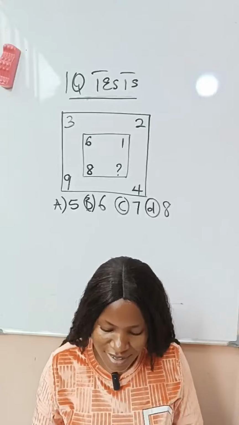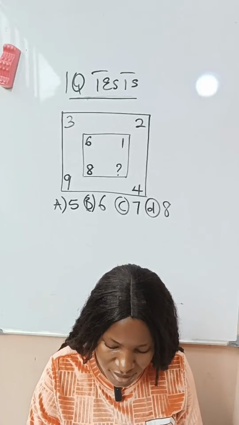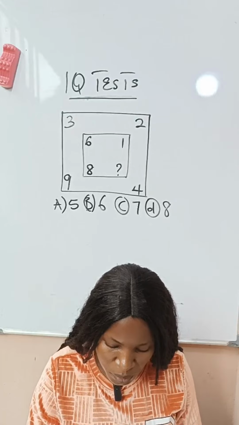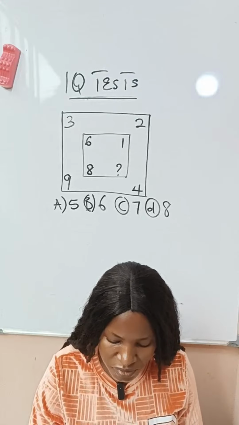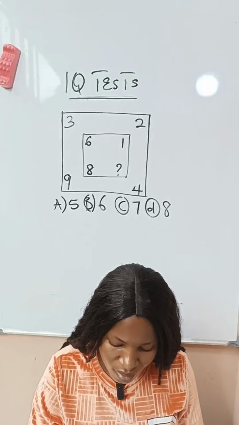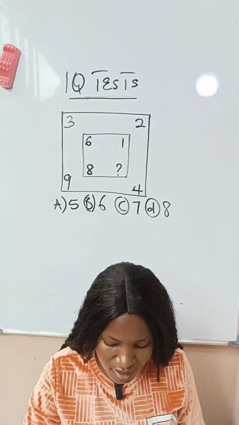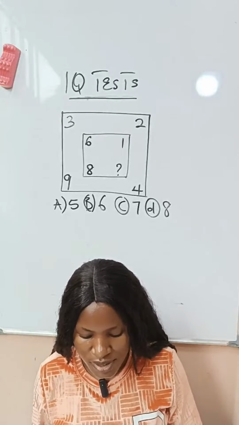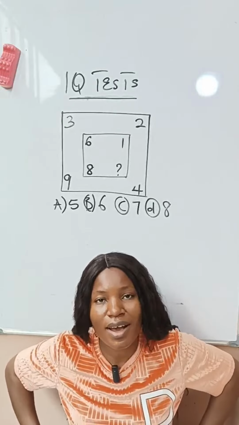I need more answers. I have gotten several answers from different people. Alora, first of all, said it's 5, then changed his mind to 7.